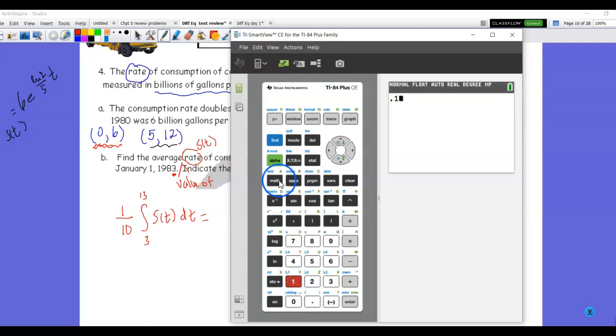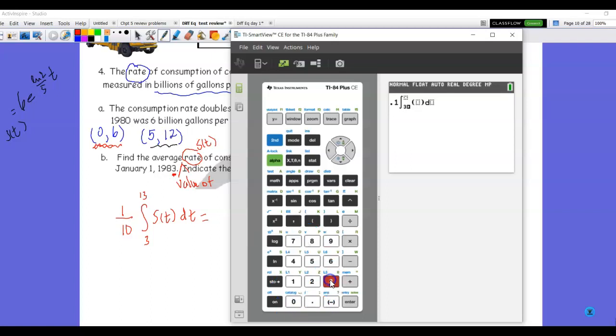So there's my 1/10. To get the integration, I'm going to do a math. I'm going to select number 9, which is the fnInt. And if you have an older model calculator and you have not written down how to type it in when it puts fnInt, please contact me and I'll help you with that.